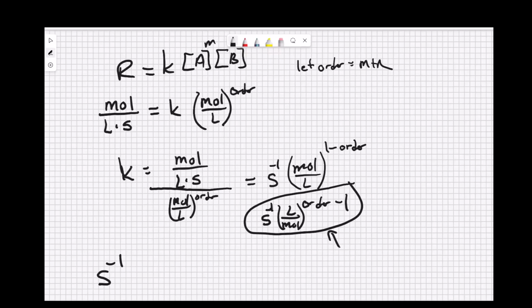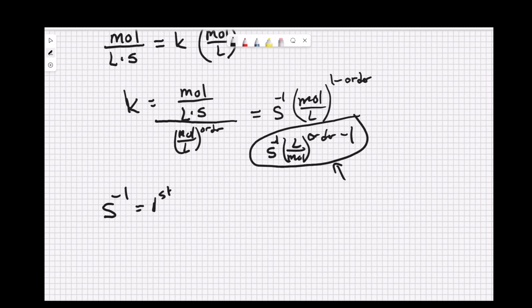So that would be liter per mole second. Plug a 1 in for order, and you have seconds to the minus 1 multiplied by liters per mole to the 0 power. Anything to the 0 power is 1. So if you see seconds to the minus 1, this is first order.